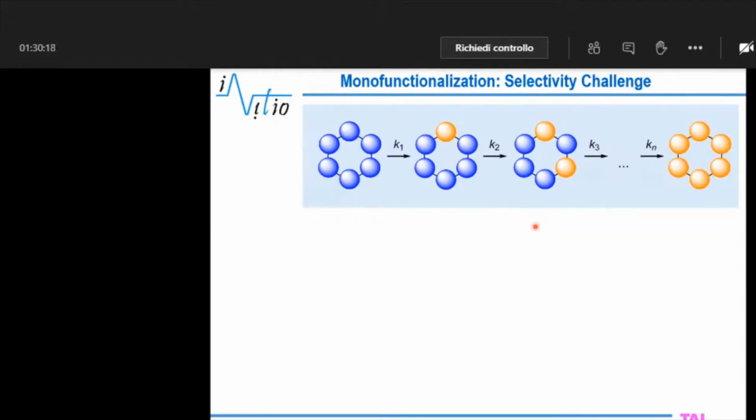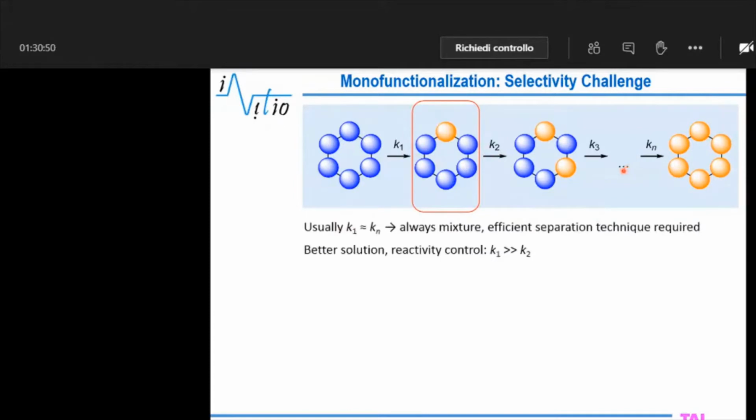And the main challenge here is a selectivity challenge, because when you have these uniform monomer units, it's very hard to stop the reaction at the first step, right? When you have, say, monofunctionalized material, it goes further.